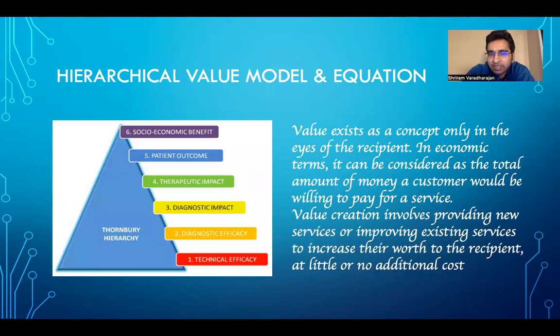So we must understand that by using value and evidence, we're not just improving our technical efficiency, we're improving the diagnostic efficiency, creating an impact that's not just at the level of the diagnosis of the disease, but it creates an outcome, both in terms of therapeutics and patient outcome. And when you start creating differences in patient outcomes, it ultimately leads to a socioeconomic benefit.